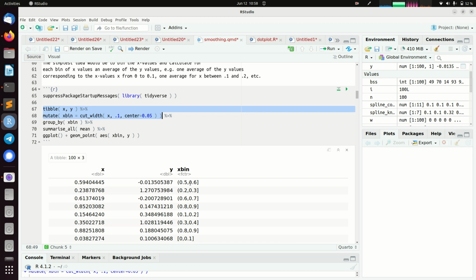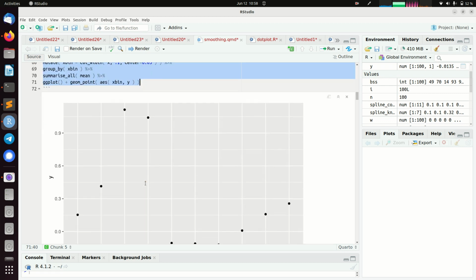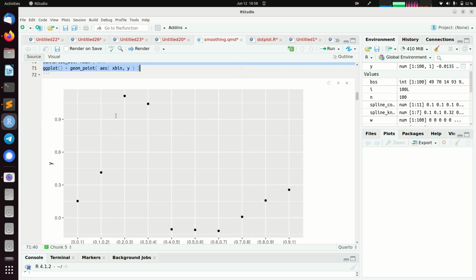We chose x from a uniform distribution anyway. So I group and calculate the mean. Now I have for each bin the mean of x and y, and the mean of x is, as expected, always more or less in the middle of the bin. If I now plot this, I get a reasonable picture of the curve we had initially.